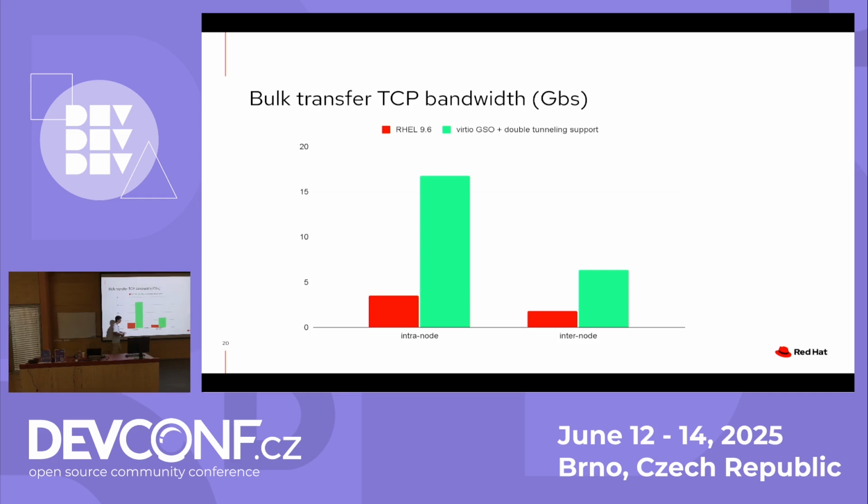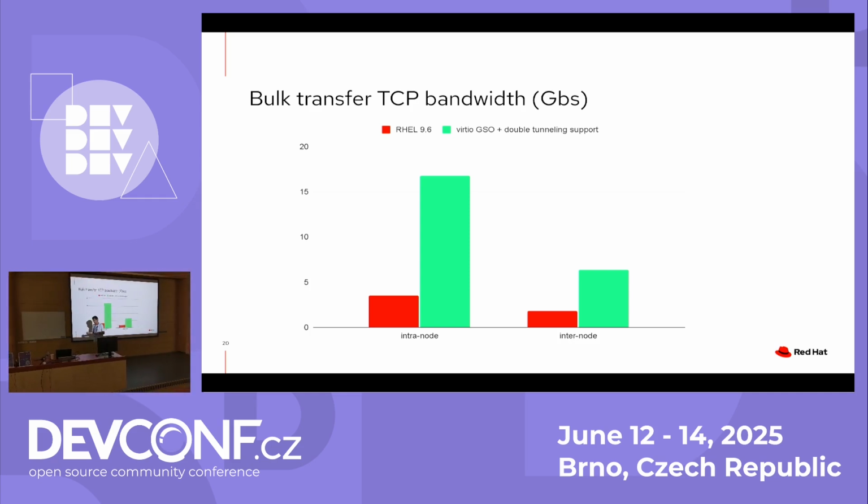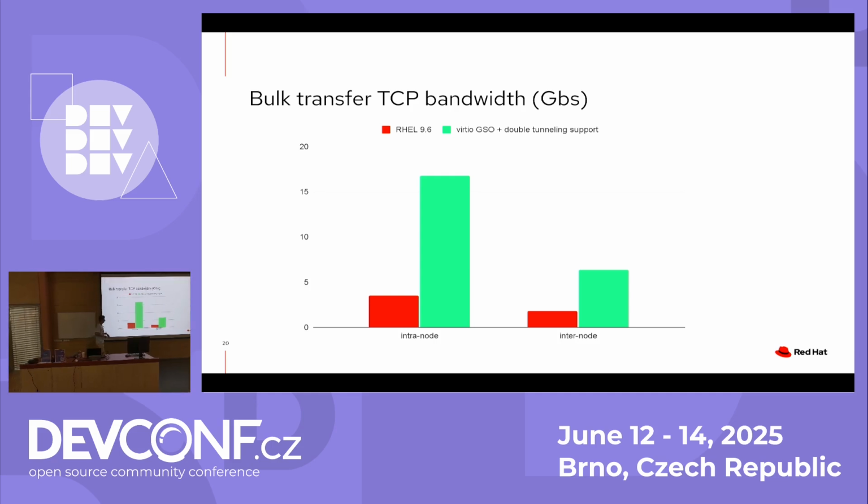And the other one is for traffic between pods living in different Openstack nodes, different Openshift node inside different Openstack node. The green column is the same test done with a patched kernel that included the virtio support for GSO over UDP tunnel, all the funny things about double encapsulation support.